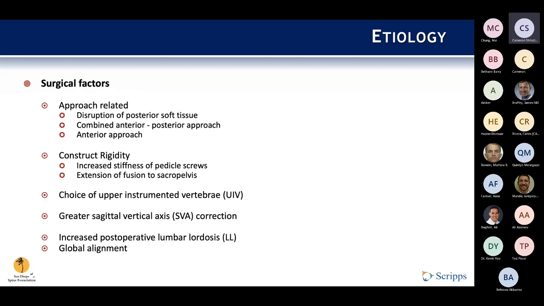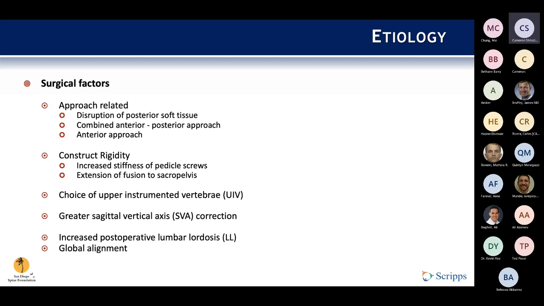Surgical factors: approach-related disruption of the posterior soft tissue, which is something we talk about, with ligamentous issues we're doing studies on, but disruption of that posterior tension band and intervertebral elements, including the facet capsules. Both cadaveric and biomechanical studies, which we'll have a few coming up, have shown risk for PJK.